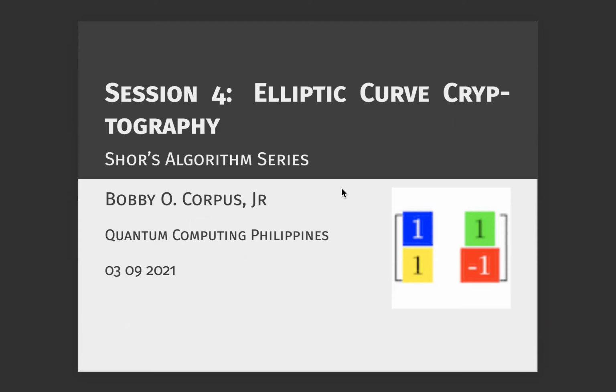So, elliptic curve cryptography versus RSA. RSA is based on the hardness of factoring a very big number, whereas elliptic curve cryptography is based on the hardness of what is known as solving the discrete logarithm.